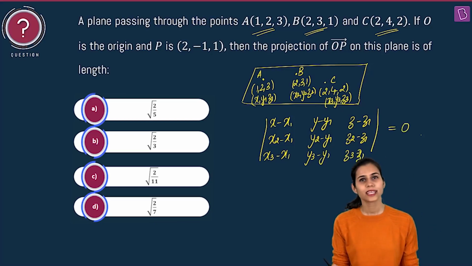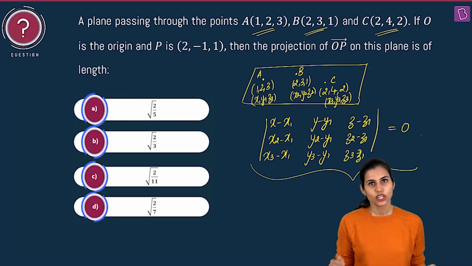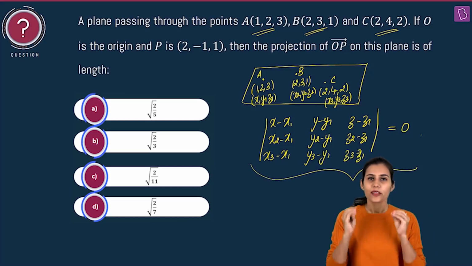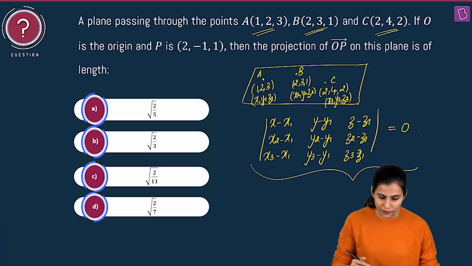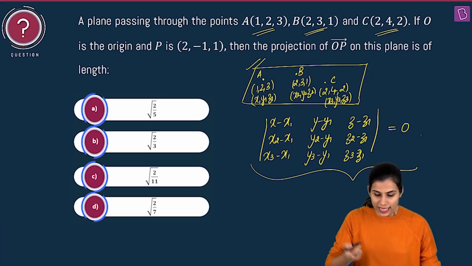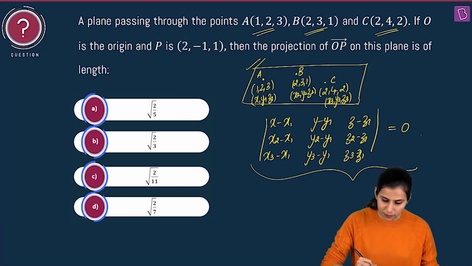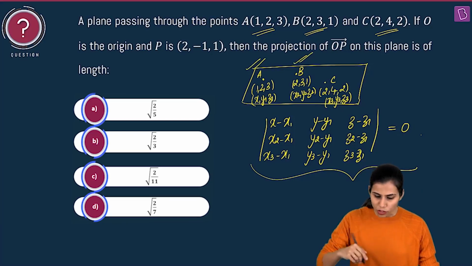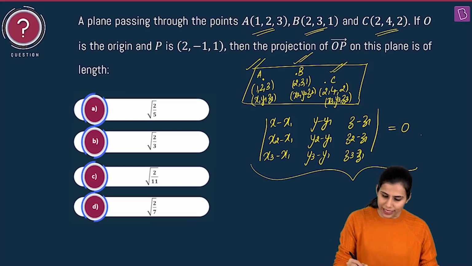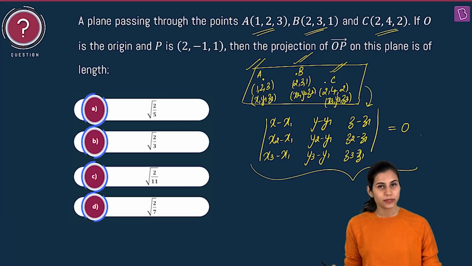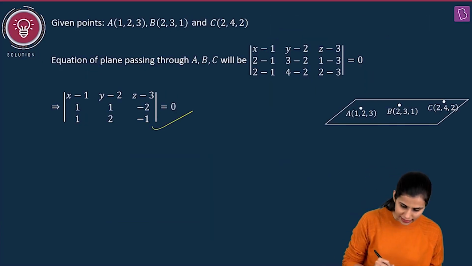When you solve this determinant, what you end up getting is the very equation of this plane. The role of x1, y1, z1 is being played by the coordinates of A, the role of x2, y2, z2 by the coordinates of B, and the role of x3, y3, z3 by the coordinates of C. So just plug in all those values in this determinant. What you end up getting is this.